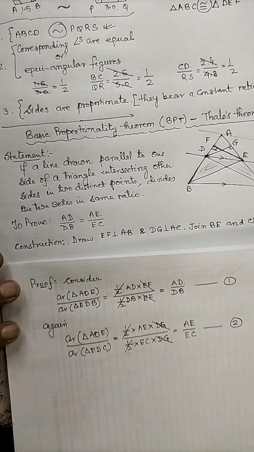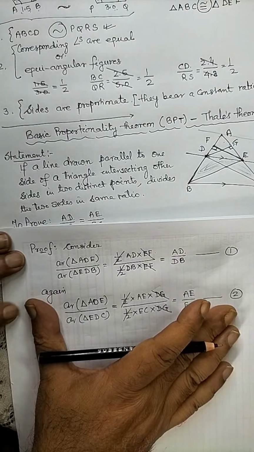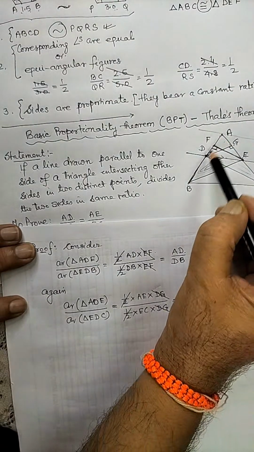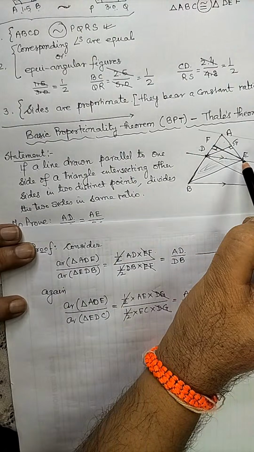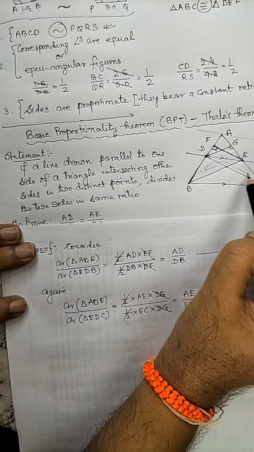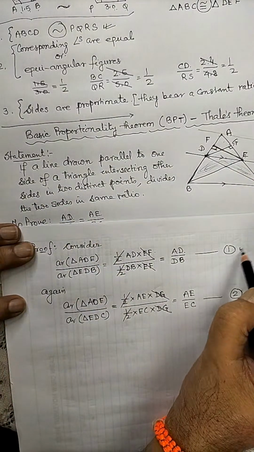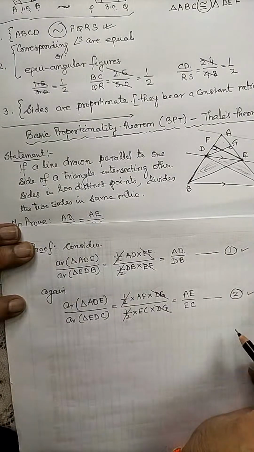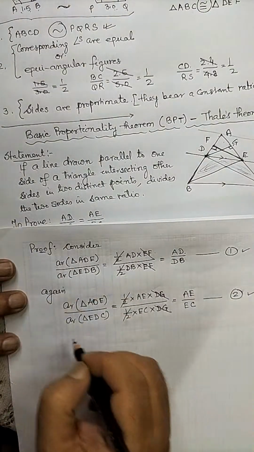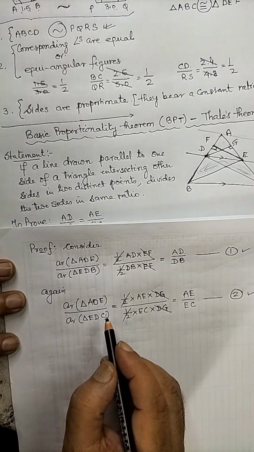Fine. Now see, this is very important. So far it was very easy. What was the first step? We took this triangle ADE and compared it with this triangle, and in the second step we compared it with this triangle. Fine. And we got two relations here, 1 and 2. Now see, compare the relations 1 and 2. Numerator is same in both the cases.